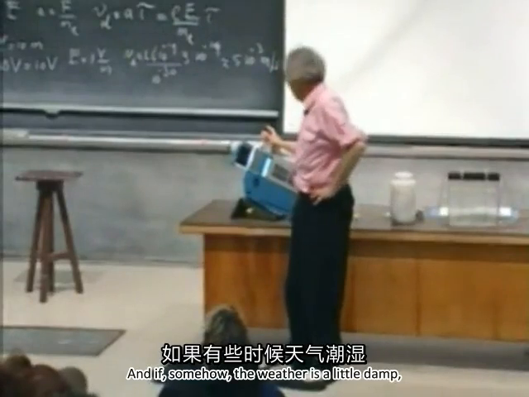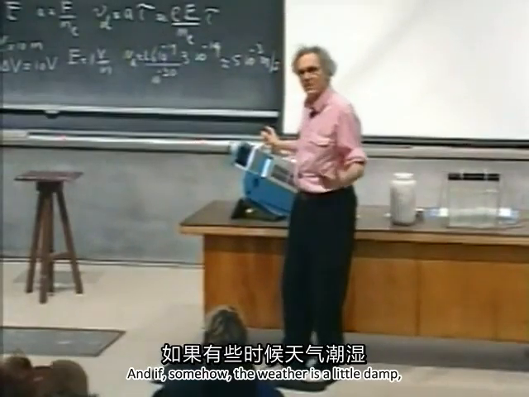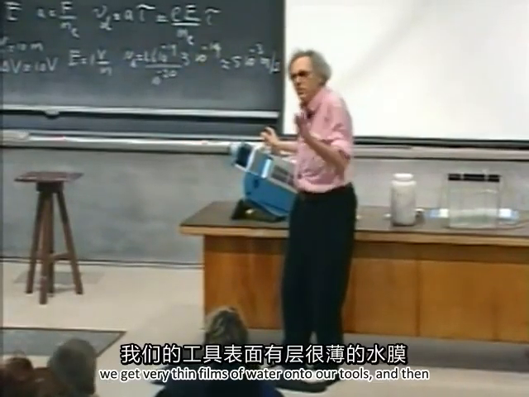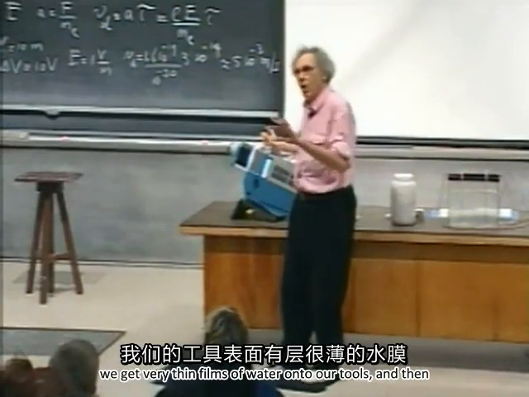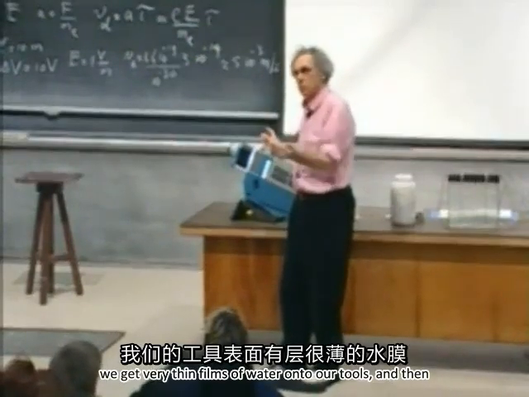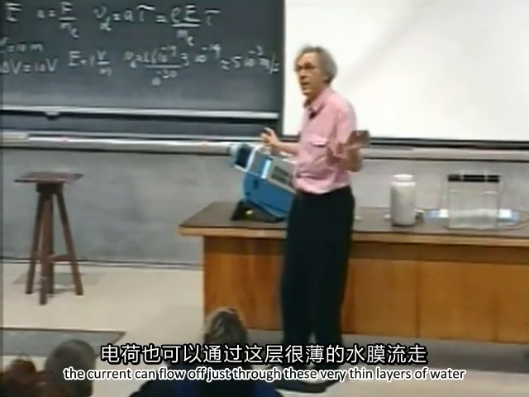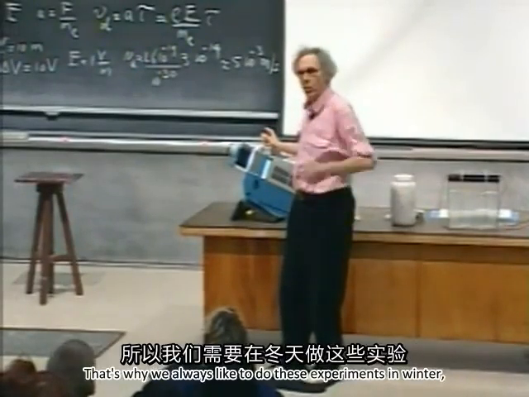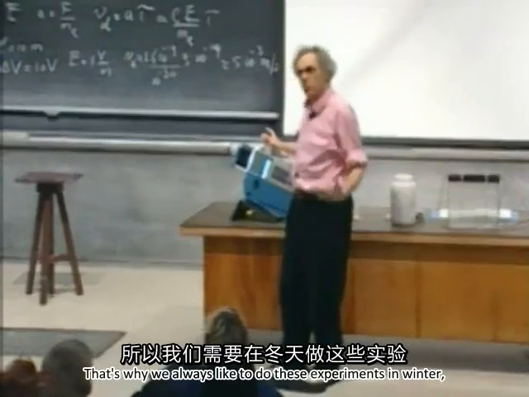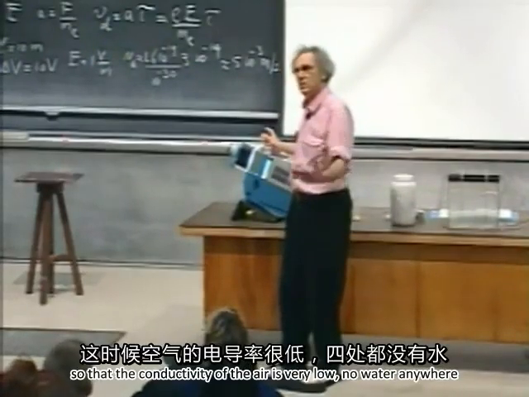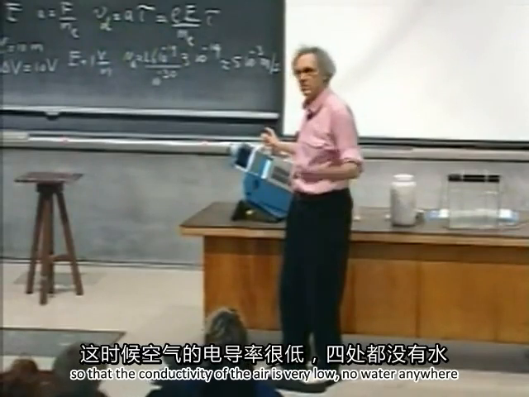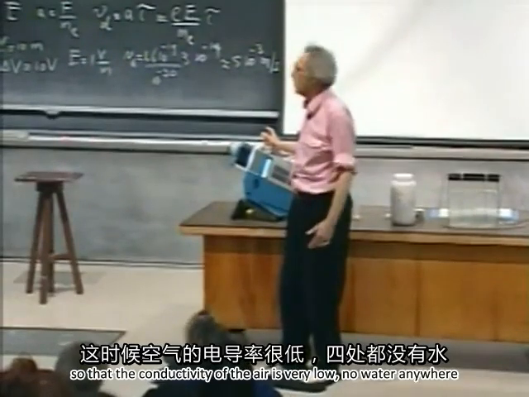And if somehow the weather is a little damp, we get very thin films of water onto our tools, and then the current can flow off just through these very thin layers of water. That's why we always like to do these experiments in the winter, so that the conductivity of the air is very low, no water anywhere.